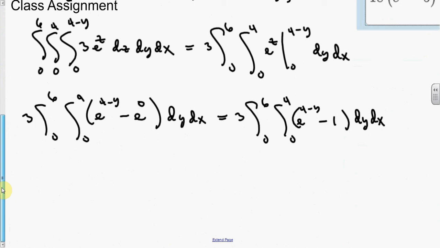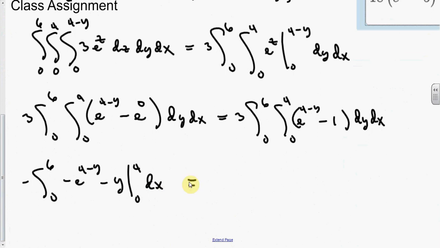Integrate now with respect to y. When you integrate e to the 4 minus y, you have to use a u-substitution, so that u equals 4 minus y. du is negative dy, so you have a negative there. So this is 3 times the integral from 0 to 6 of negative e to the 4 minus y minus y, evaluated from 0 to 4, dx.